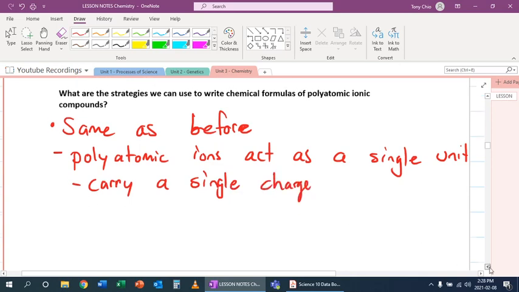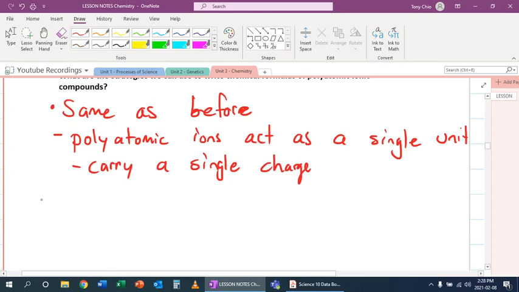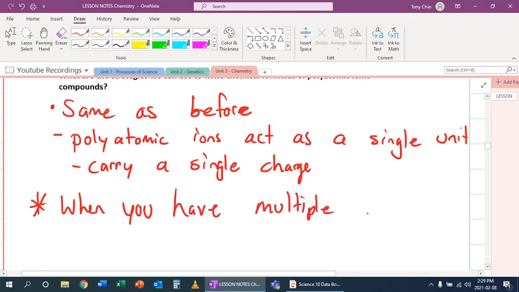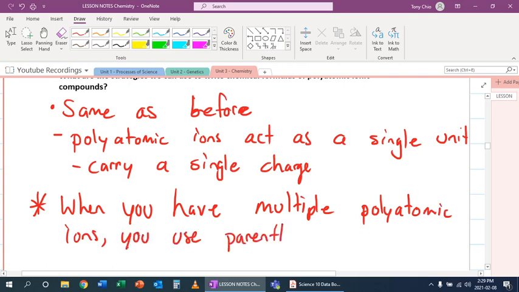Okay, that's interesting. But the other rule is, and this is a star, when you have multiple polyatomic ions, like for example, when you write multiples of them, you use parentheses. And I'll show you an example of that.